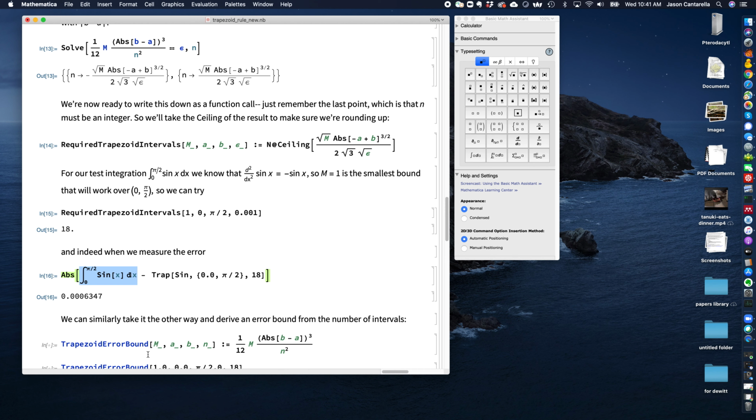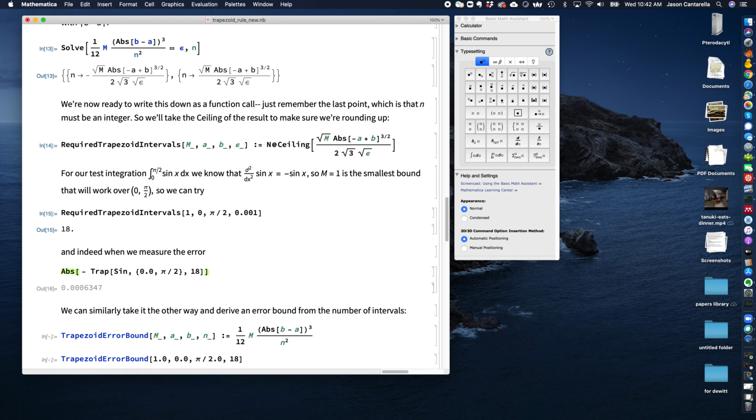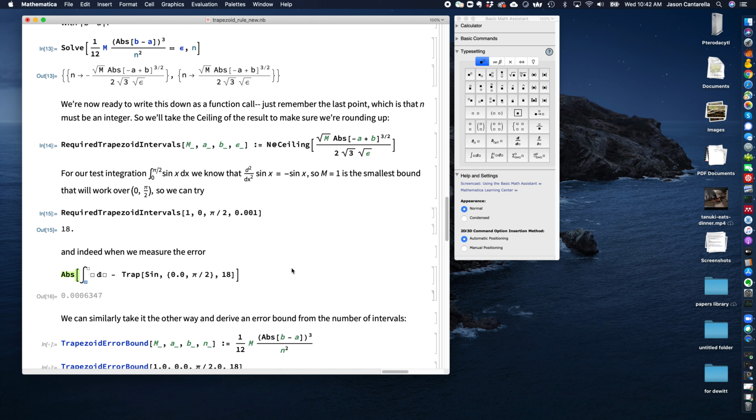So here's an example, by the way, of using the integral sign from the Math Assistant palette in code, and it works just fine if you paste this thing in. If you do it piece by piece, it seems to be a little more flaky. But I'll show you how I got this by deleting it and clicking over here.